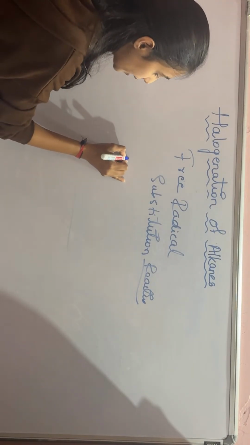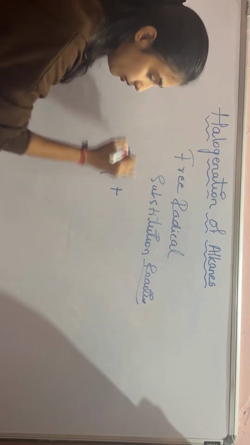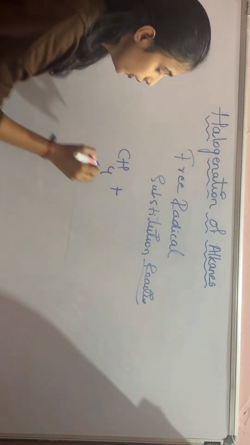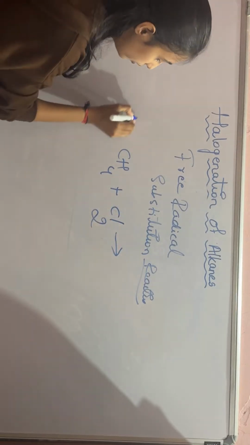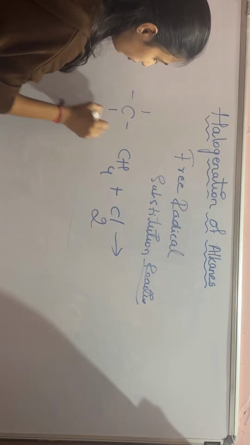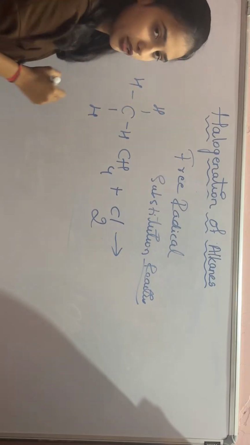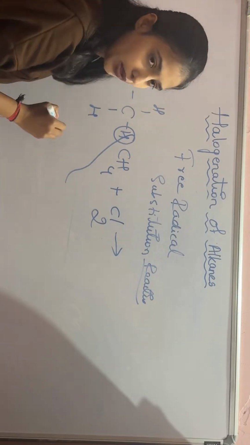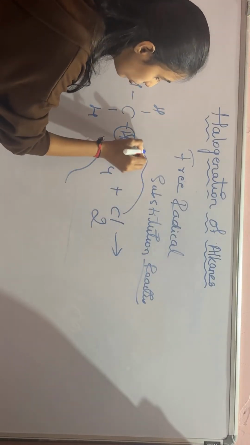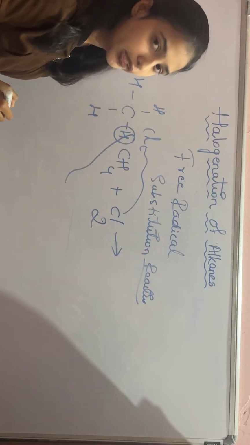So just for a normal example, we'll take our methane, the smallest alkane. Then any one of the halogens we can take. So if I write your methane like this, where your 4 hydrogen atoms are there, one of the hydrogen atoms will be replaced, and in that position your Cl will attach.